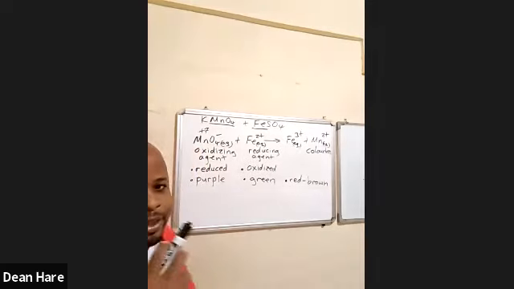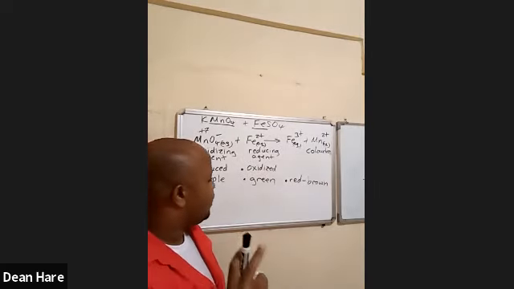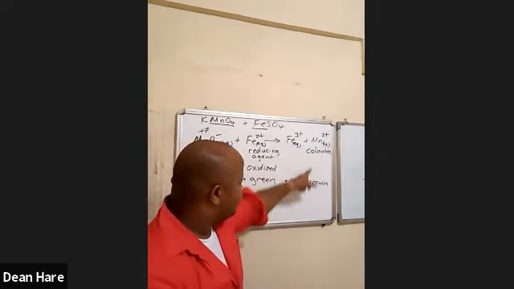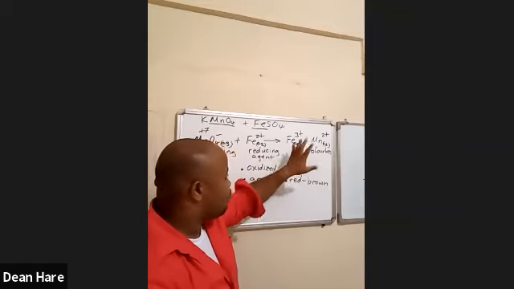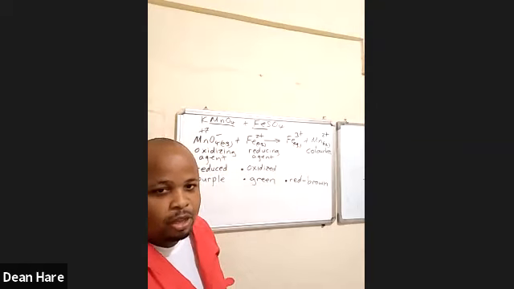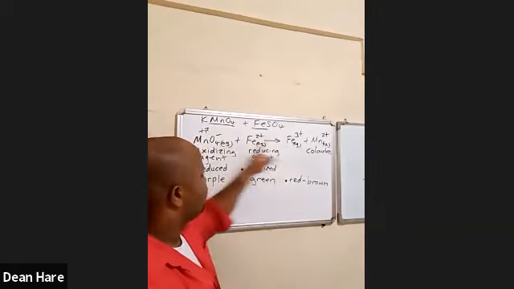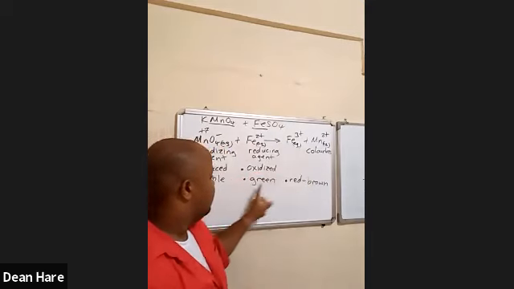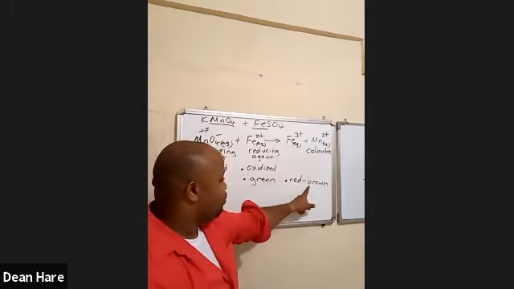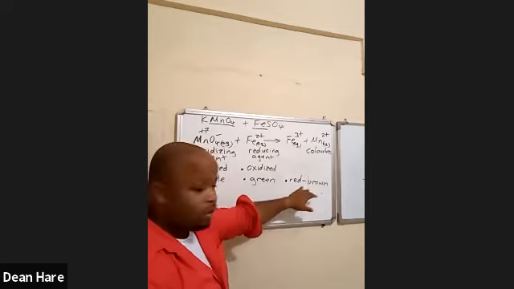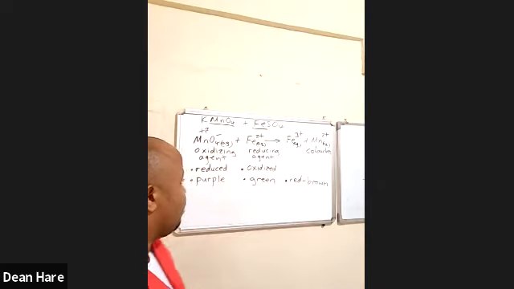So what would be the final color of the solution? If these two colors are the colors of your products, what would be the final color? Red brown, that is correct. Because this is going from purple to colorless, and this is going from green to red brown, the final color would be a reddish brown color.